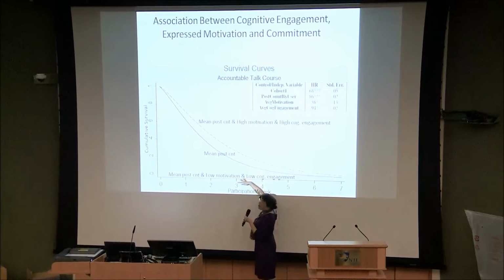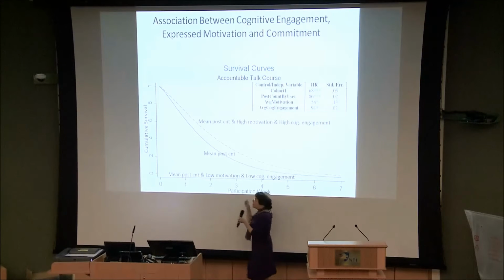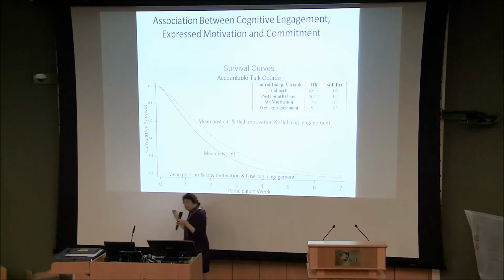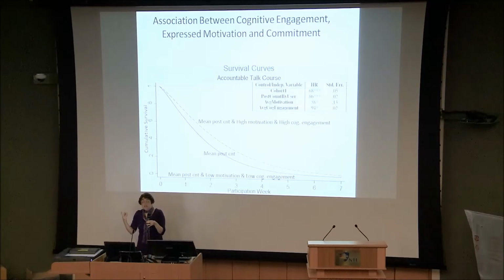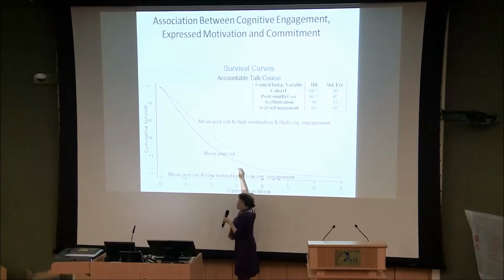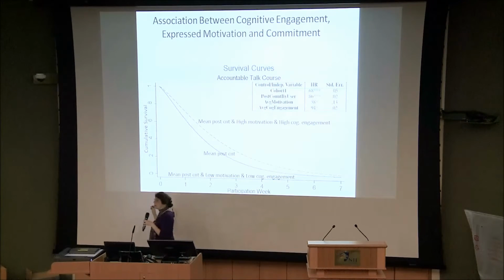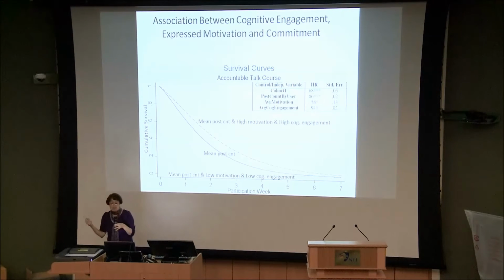And these other dotted lines are associated with time-varying factors that we measure at each time point to see how their presence or absence manipulates the probability of dropout by the next time point. So a shallower line indicates a reduction in dropout. So this red dotted line being shallower than the blue shows that there's a significant drop in probability of dropout at the next time point when we see these indicators.